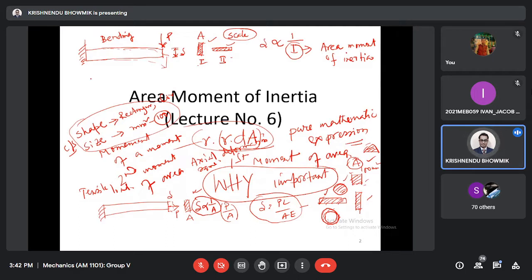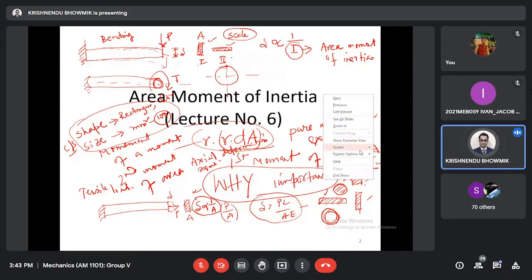Another type of problem, say this is one circular bar, and we have fixed it. And I have applied some torque here along the axis. If you see the cross sections and divide this into 4 parts, initially one point was like this.